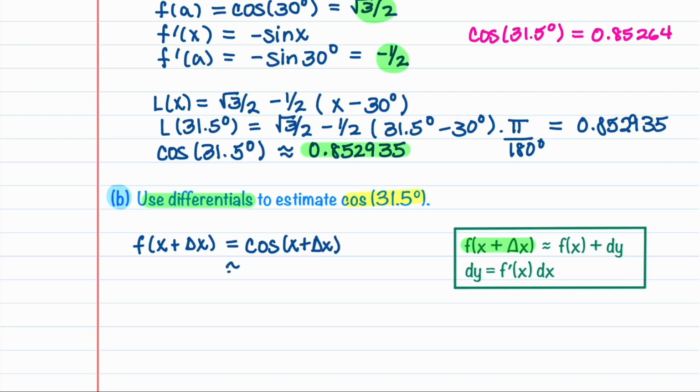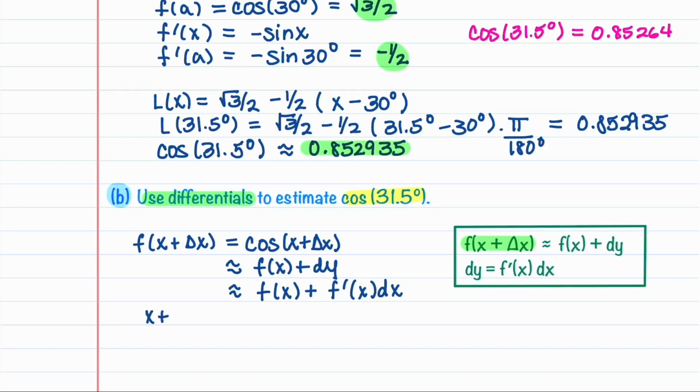And this is going to be approximately, looking over here at the right at our formulas, f of x plus dy. And if we substitute in what dy is, this approximation is f of x plus f prime at x dx.